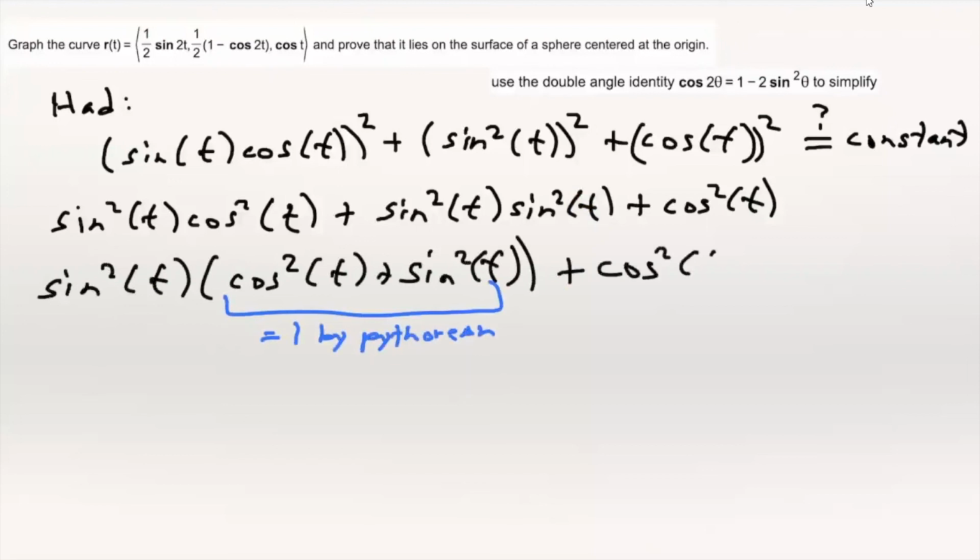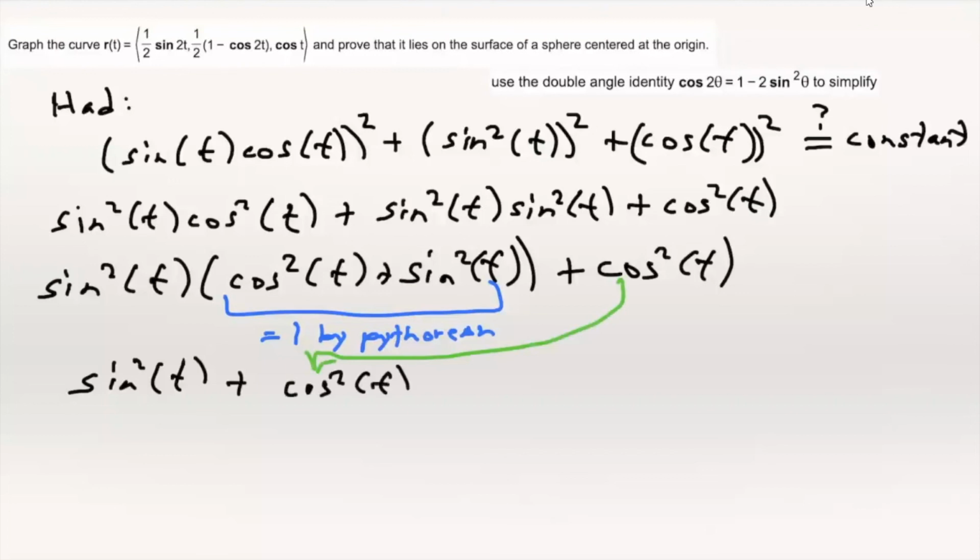So that's sine squared plus cosine squared, but once again, sine squared plus cosine squared equals 1. So that's 1, and 1 is 1 squared if we want to write it that way, to make clear that it's the r squared.